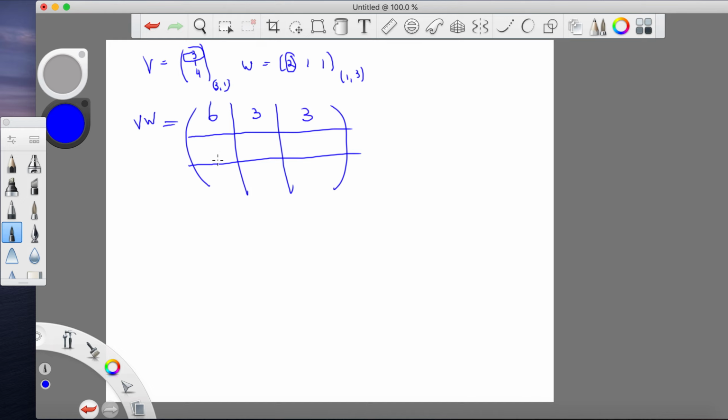Second row by first column, 2, then 1 times 1, then 1 times 1. Finally, the third row, and then first column, second column, third column. So this will give me 4 times 2 is 8, 4 times 1 is 4, and 4 times 1 is 4. So this is the result of V times W as a matrix.